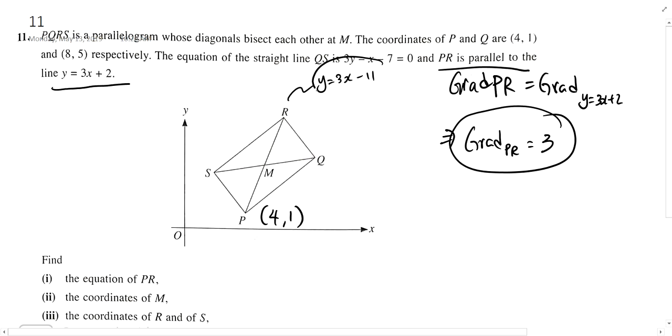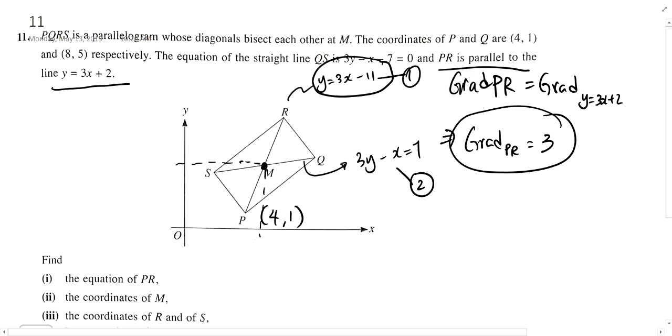Okay, so you're going to use this equation with which other equation? This one over here, 3y minus x equals 7. So simultaneous equation number 1, number 2, because both of these lines have a common point. Therefore, the coordinates here must be the solution to the simultaneous equations. That's how we get the point M.